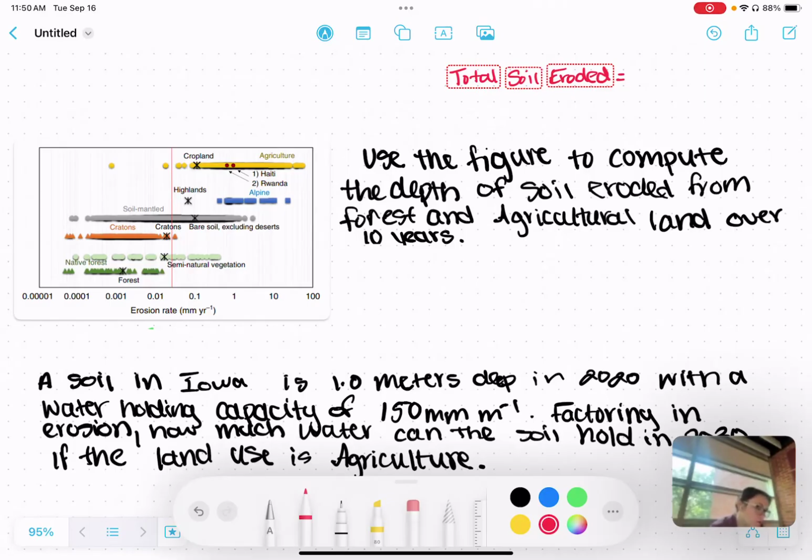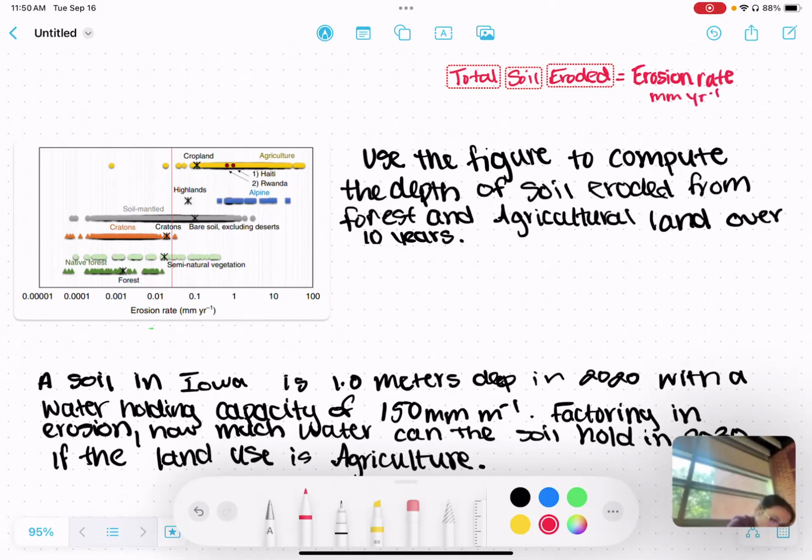So I have total soil eroded. What you're going to do is take your erosion rate, the rate at which soil leaves the soil surface. So we're going to do erosion rate, and I'm going to write our units right below it: millimeters per year.